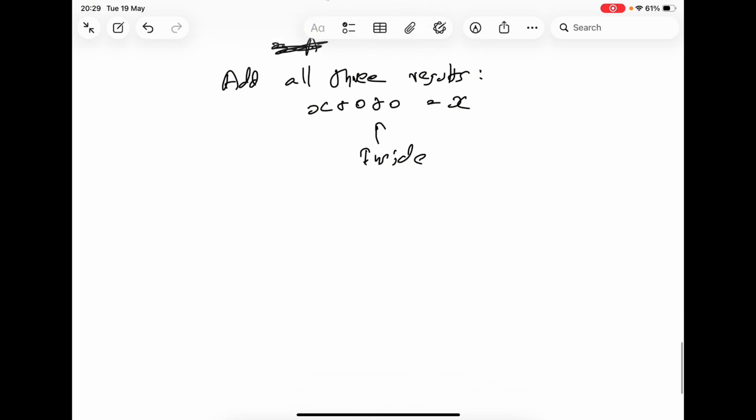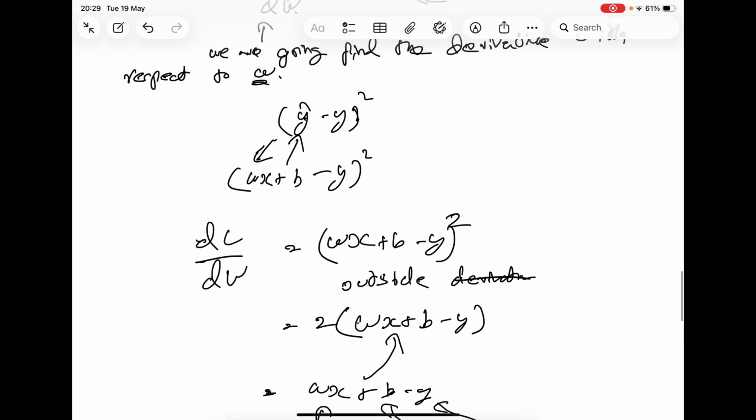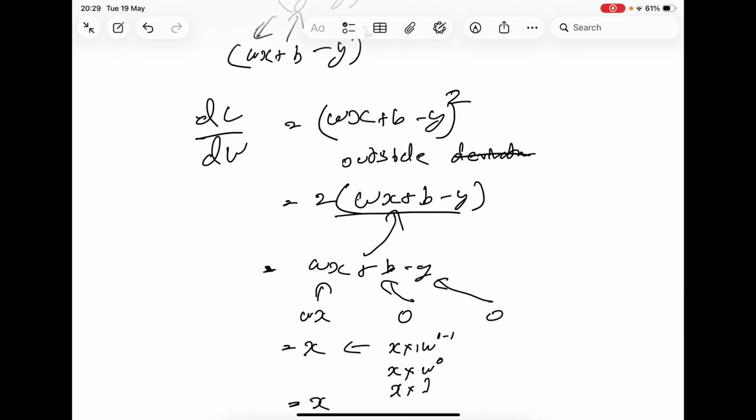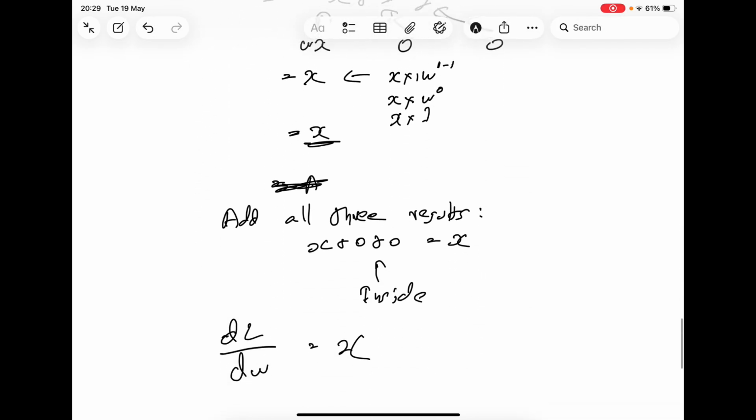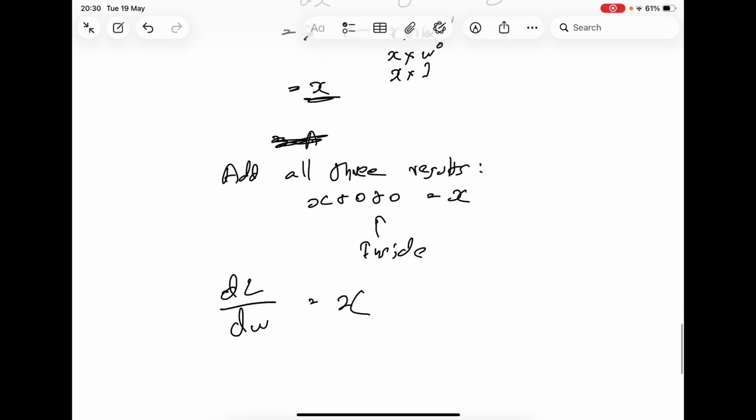So to find the derivative of the loss, we will multiply this value with this value into x, right? So this is the derivative of the loss function that we have discussed above.